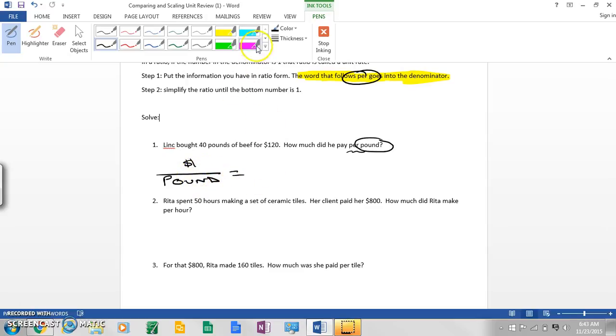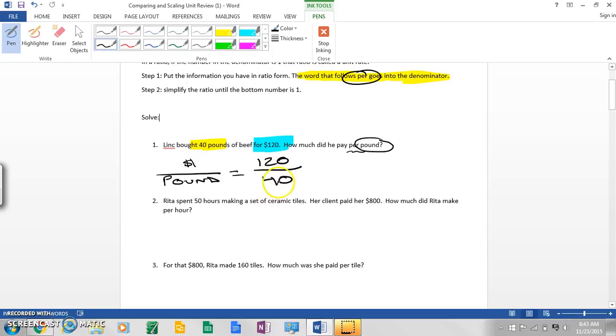In the question, we have $120, so we can put that in our numerator, and then we have 40 pounds, which we know will go into our denominator. Dollars over pounds, 120 divided by 40.